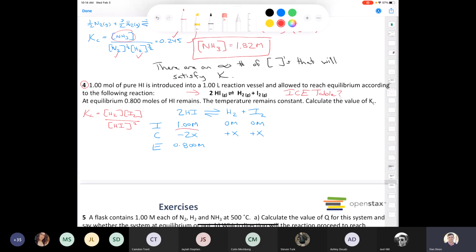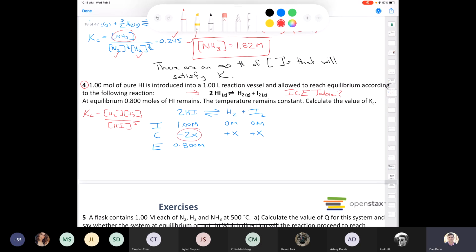All I'm saying is I'm throwing this in as a variable. 0.8 is less than 1, so that's why I use a negative sign. Where does the 2 come from? It comes from the stoichiometric coefficient, because I'm going to lose twice as much HI as I would gain H2 and I2. Okay, just the stoichiometry.